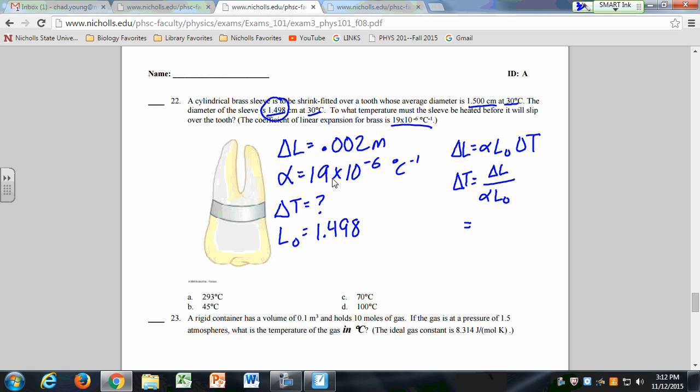Delta L is 0.002 over alpha, which is 19 times 10 to the minus 6, and then divide by L naught, which is 1.498.